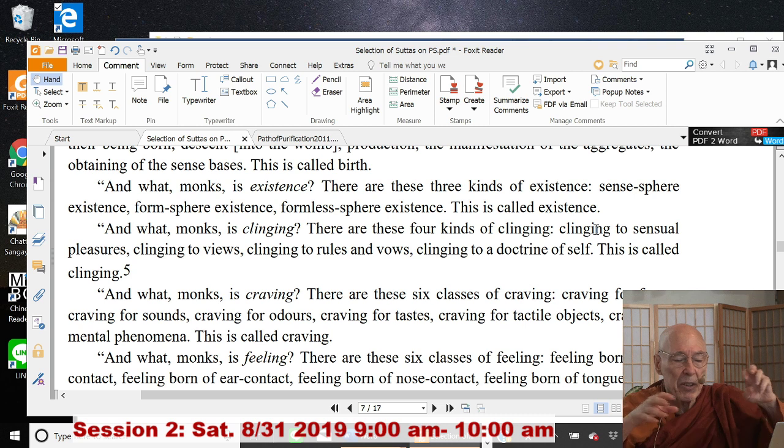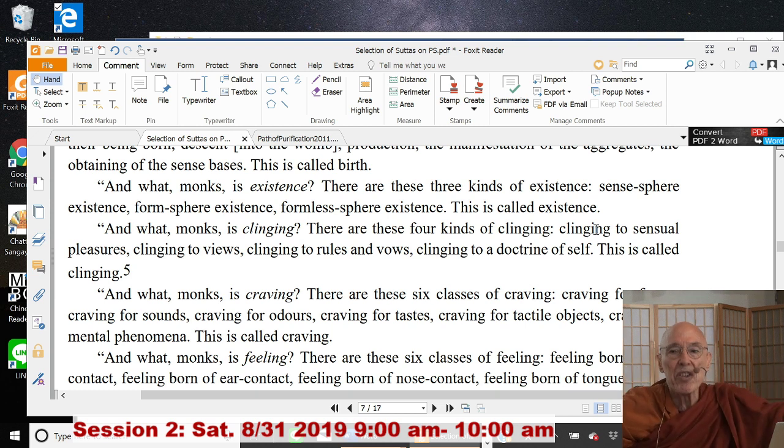Okay, so clinging to sensual pleasures is obviously clinging to beautiful and attractive forms, sounds, odors, tastes, tactile objects. And the commentary adds also clinging to attractive or lovely mental objects.